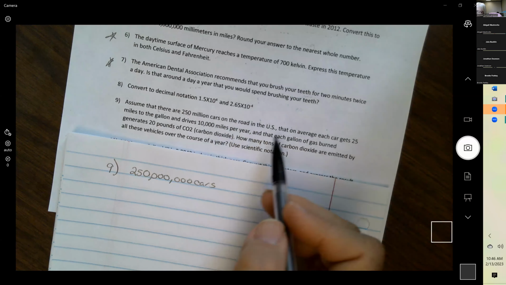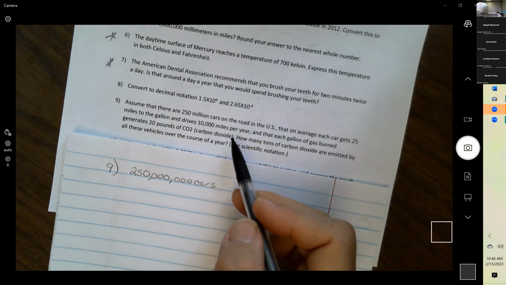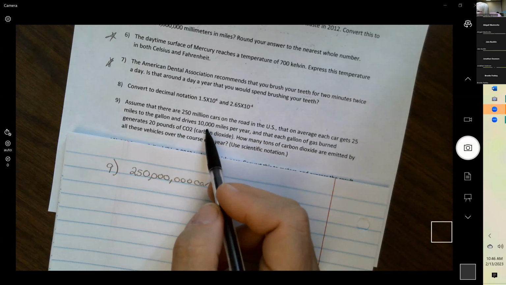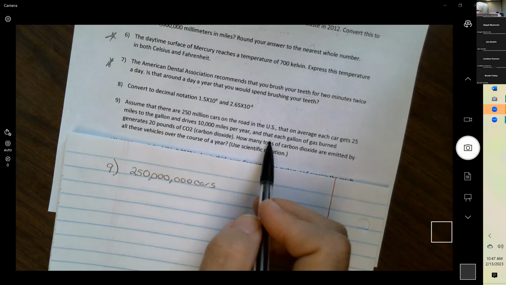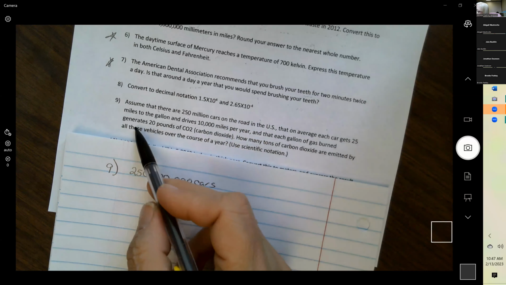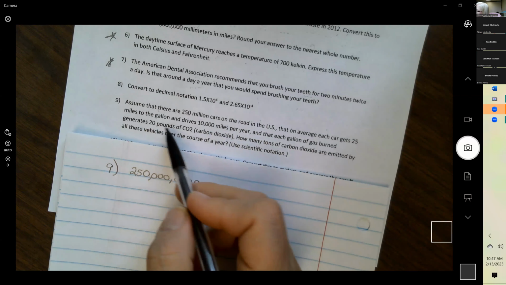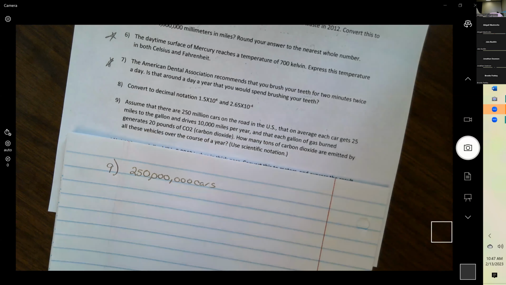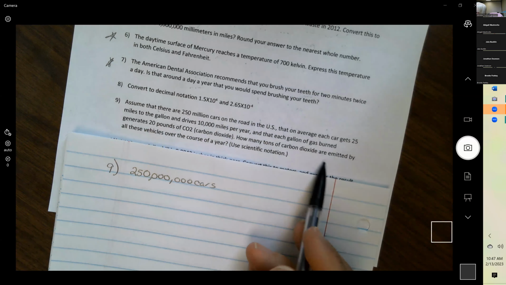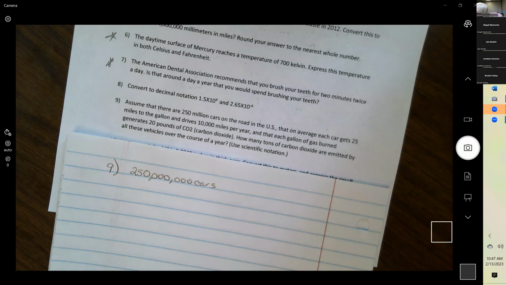Each car gets 25 miles per gallon and drives 10,000 miles per year. There are 20 pounds of CO2 from each gallon of gas. And we want to know how many tons of carbon dioxide are emitted by these vehicles over 1 year.